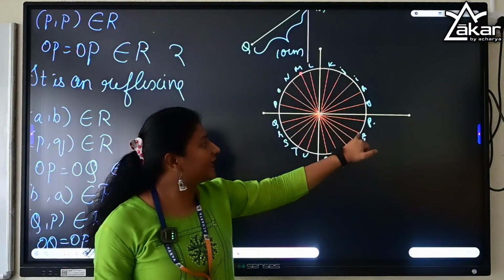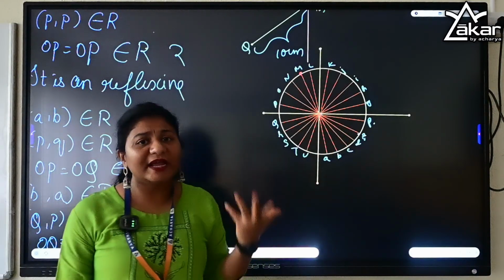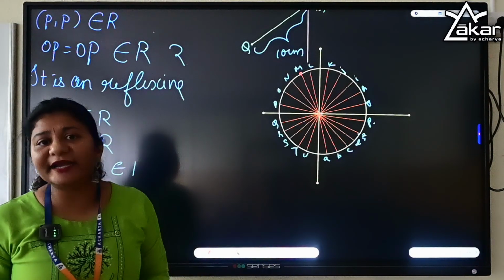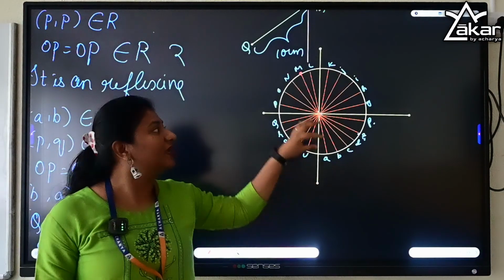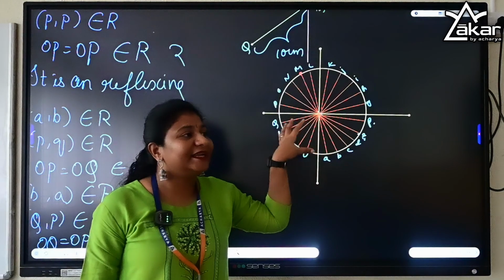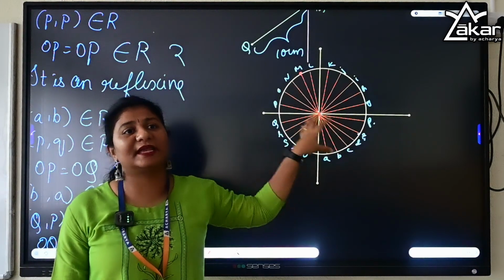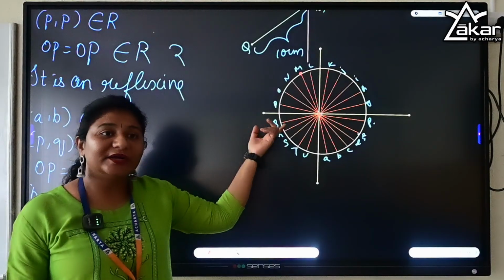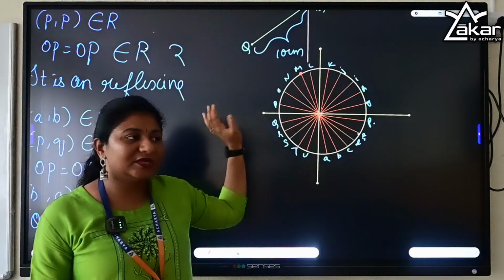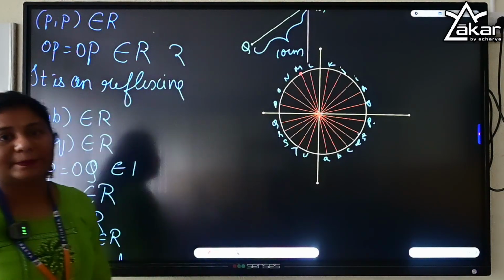So OE is equal to OF, I can mark. Why? Because both are the radius of a circle. Each point on the plane has the same distance from the origin, the center of the given point. Therefore it is a circle. So this proves the theorem.